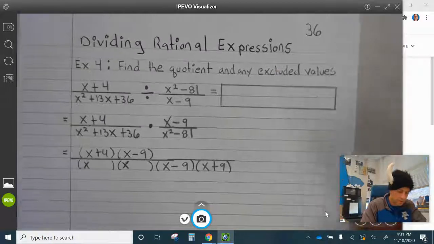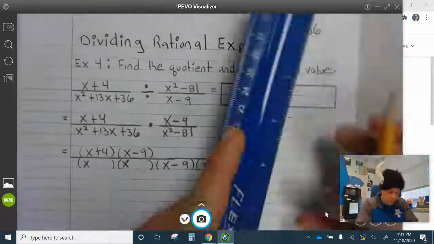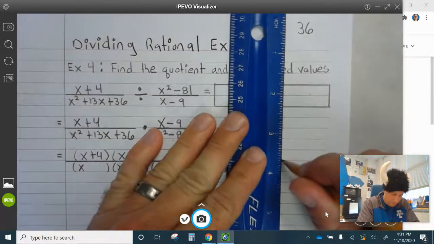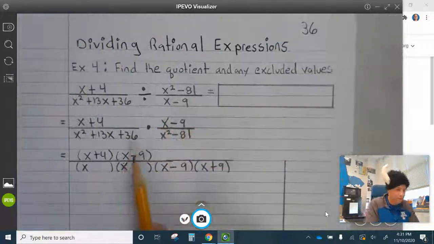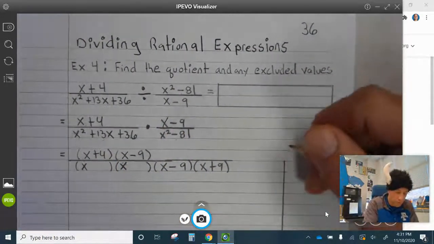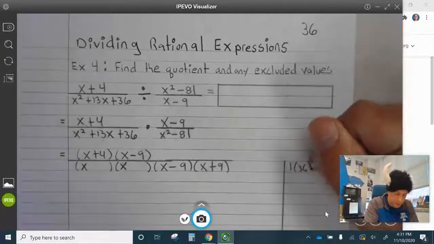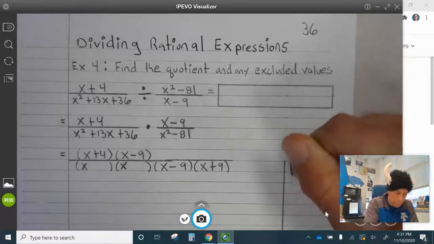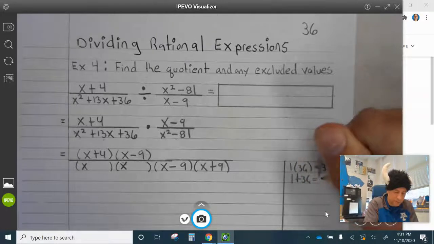And let's factor that. So we need to find all the combinations that multiply to 36 and combine to be 13. So 1 times 36 is 36. 1 plus 36 is 37.